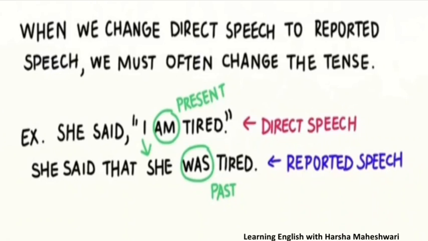She said, "I am tired." This is direct speech. She said that she was tired. This is reported speech. So, if we use the present tense in direct speech, we use the past tense in reported speech.